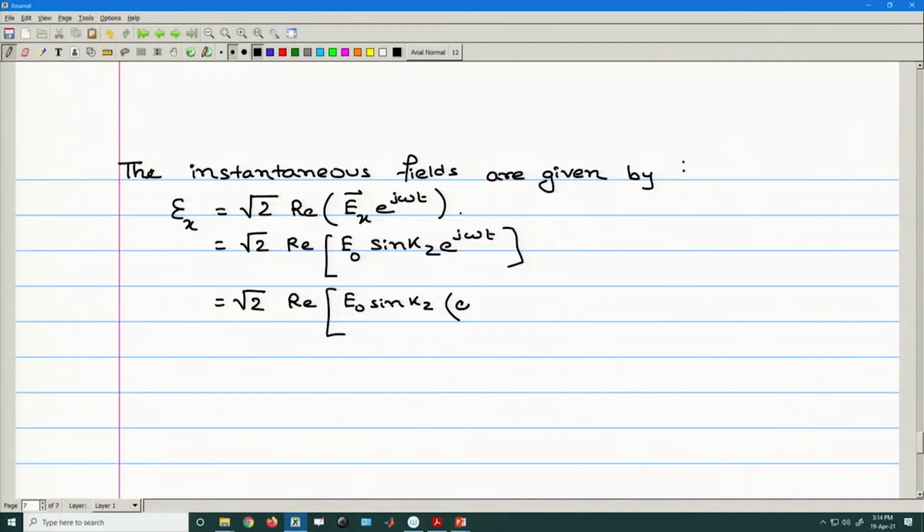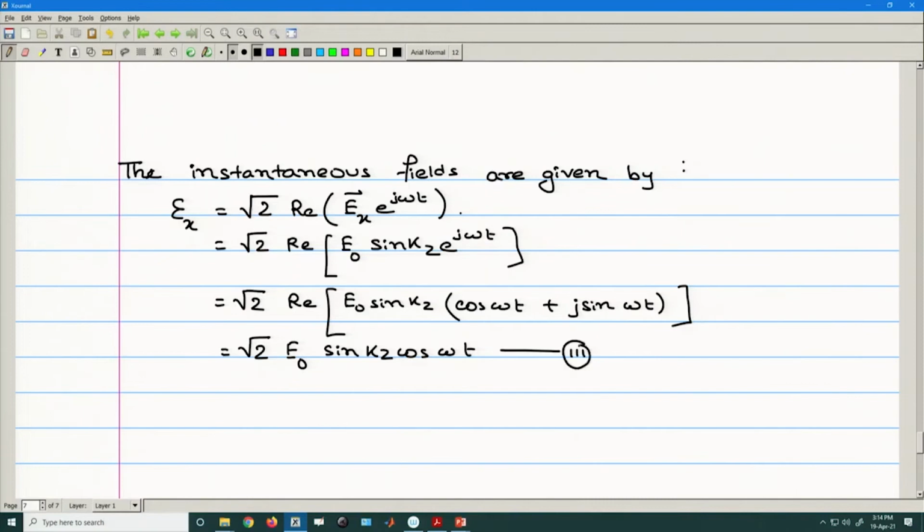We will write it as cos of omega t plus j sin omega t, and we take only the real part. So we have root 2 E naught sin of kz cos omega t. So this is the instantaneous field. Denote this as equation number 3.